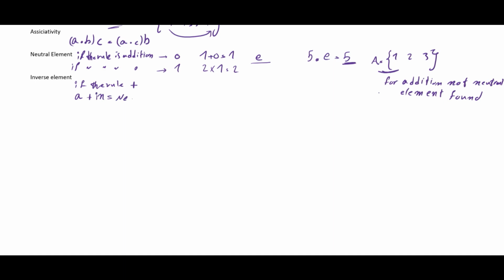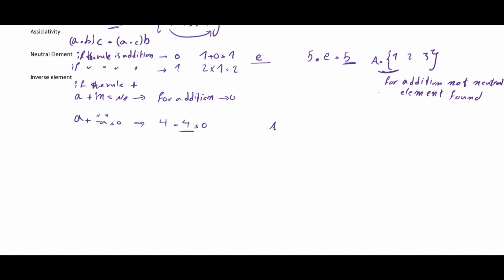And you remember for addition, the neutral element was 0, so A plus whatever should give me 0. Yes, that should be minus A. For instance, as an example, minus 4 would be the inverse element of 4 if the rule was addition.